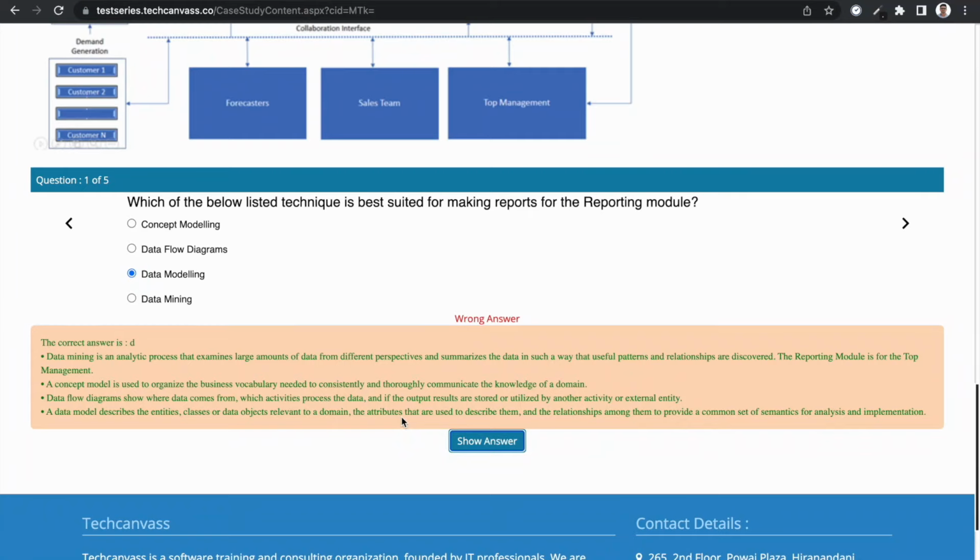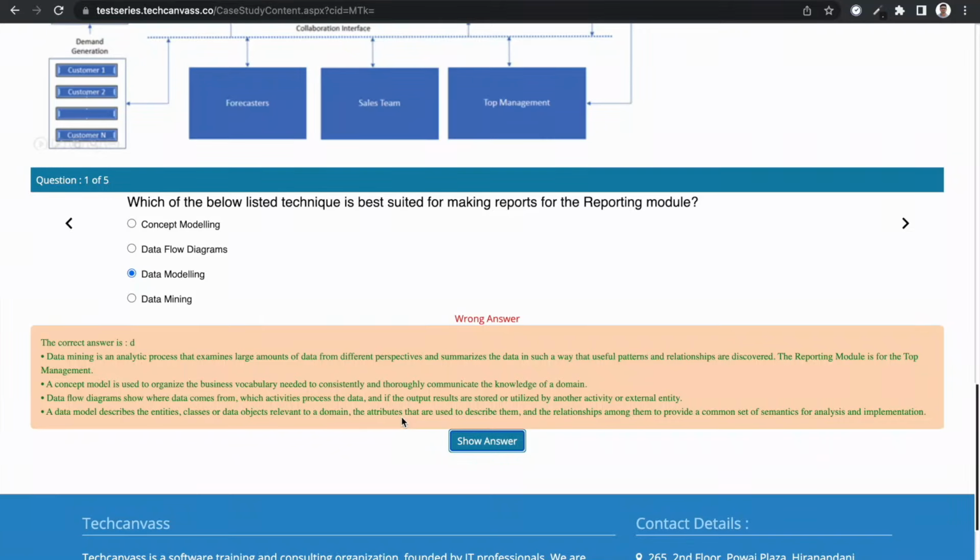For making reports, it will be required to have a lot of data, and one may have to do data mining, which is an analytical process that examines large amounts of data from different perspectives and summarizes the data in such a way that useful patterns and relationships are discovered. In the explanation, we can also see why other answers are incorrect. Concept modeling is used for vocabulary.